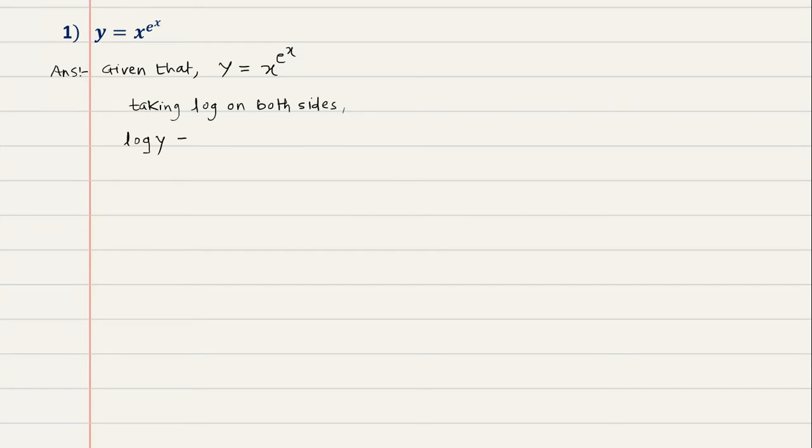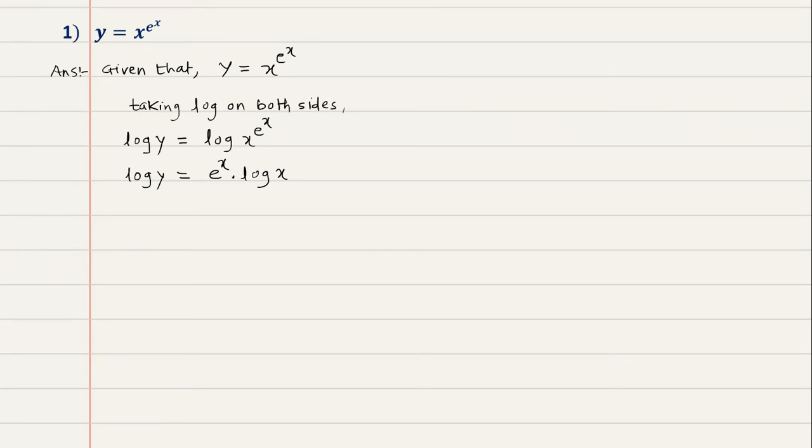Log y is equal to log of x raised to e raised to x. That is, next step, log y is equal to e raised to x into log x, because to simplify this, here x is base and e raised to x is index. So index can be written here by using logarithmic rule.